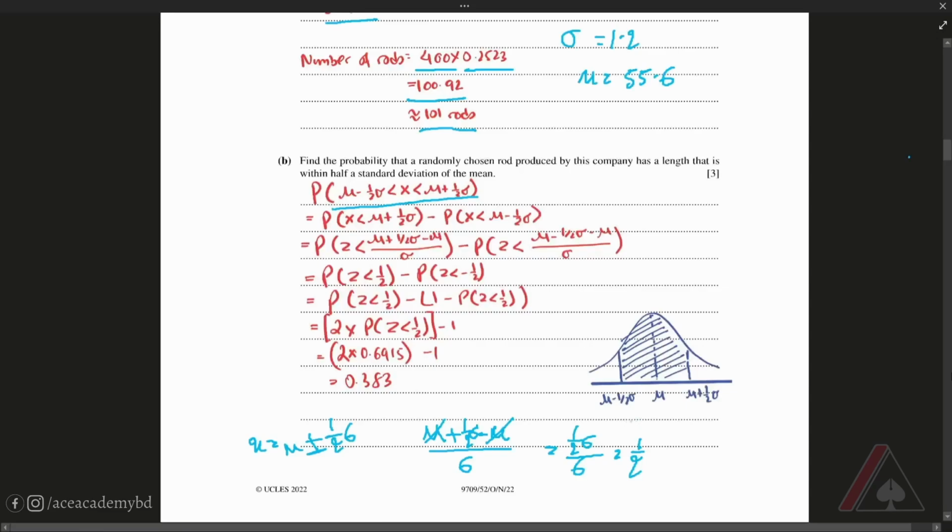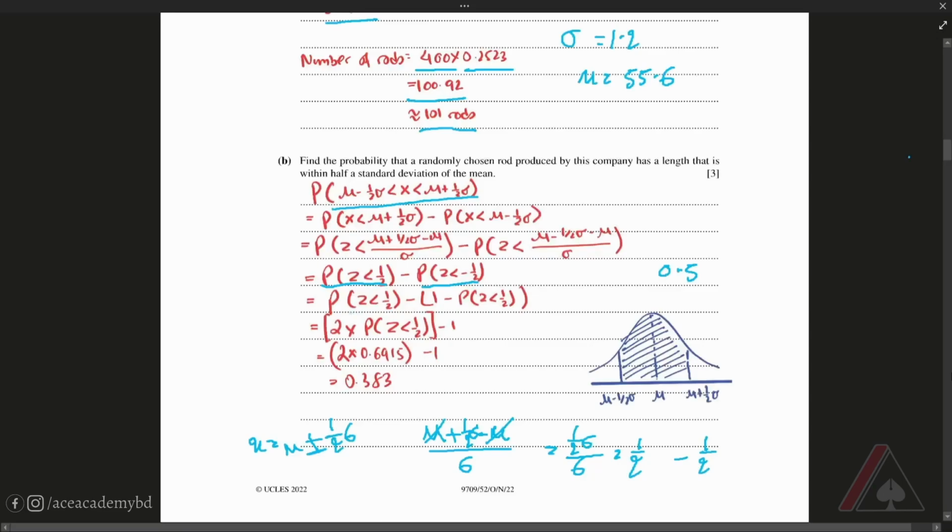And for mean minus half a standard deviation, we get minus half. So we put both halves in the probability statistical table. So we compare them. We look for the value 0.5.